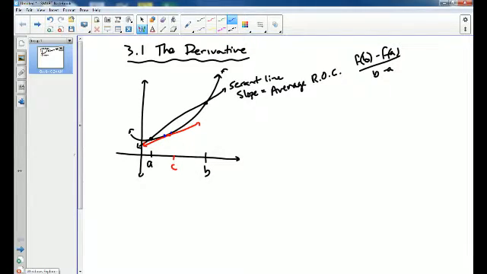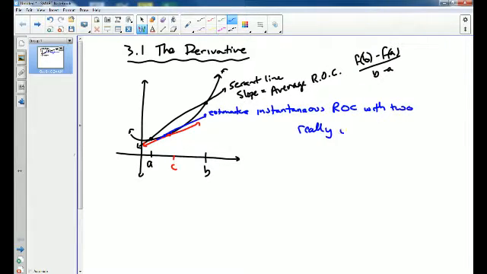Like 1.99 and 2.01. Yeah, so we have now estimated the slope. So that's how we'd estimate the slope. Okay.